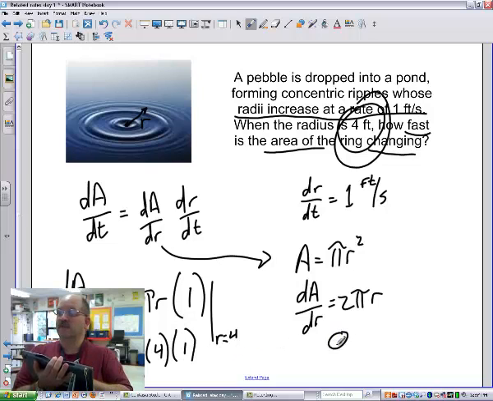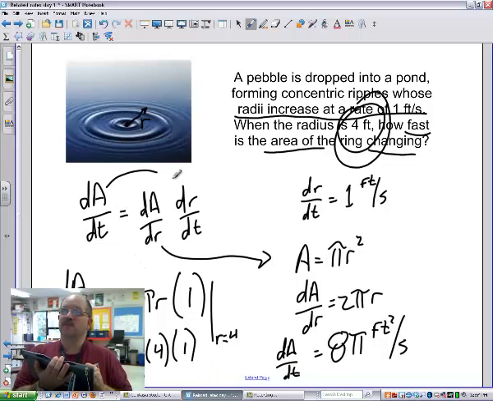So 8 pi feet squared per second, and that's how the area is changing with respect to time. Those are a couple of related rates problems. Again, these two rates are related to each other. If this was changing faster, then this would change faster.